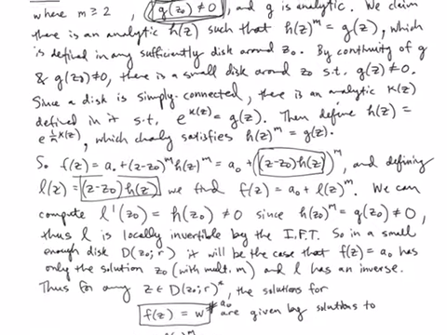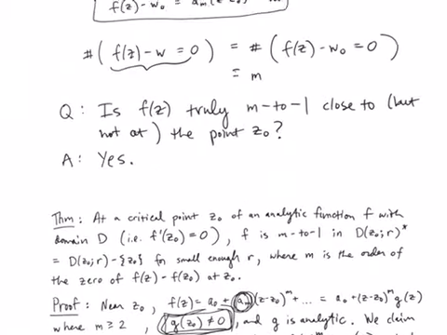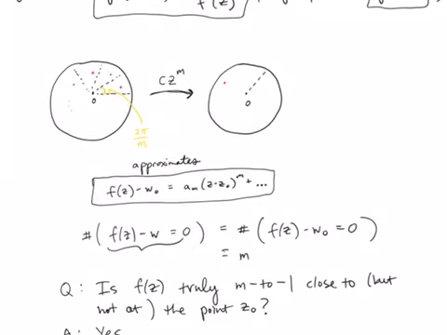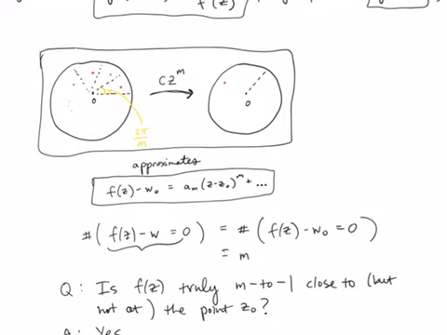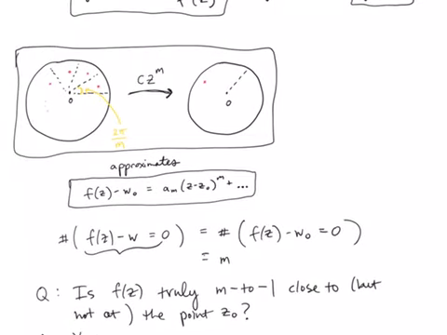So intuitively, what this theorem tells you is that this perfect picture of constant times z to the m, which approximates what your function looks like around z naught and w naught, is really a pretty good representation of the actual picture. So the actual picture would probably look something like this.